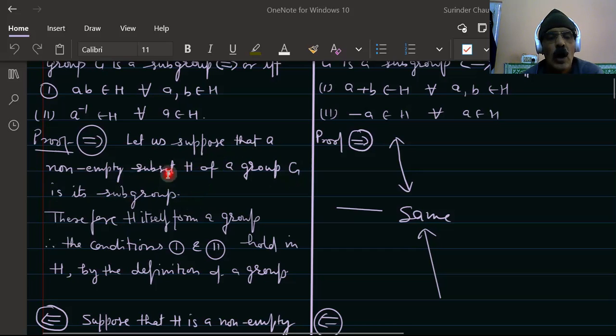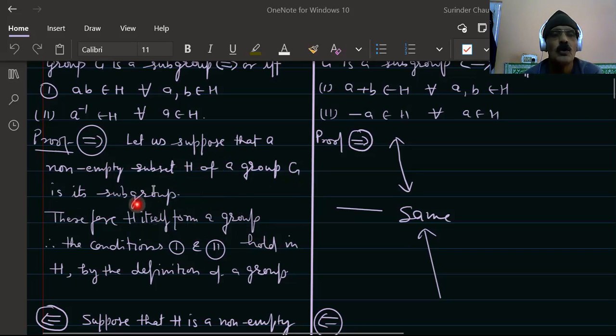This is given. Our aim is to show closure and inverse element exist in H. Now, therefore, H is itself a group, by the definition of subgroup. If H is a subgroup, it means H is itself a group.